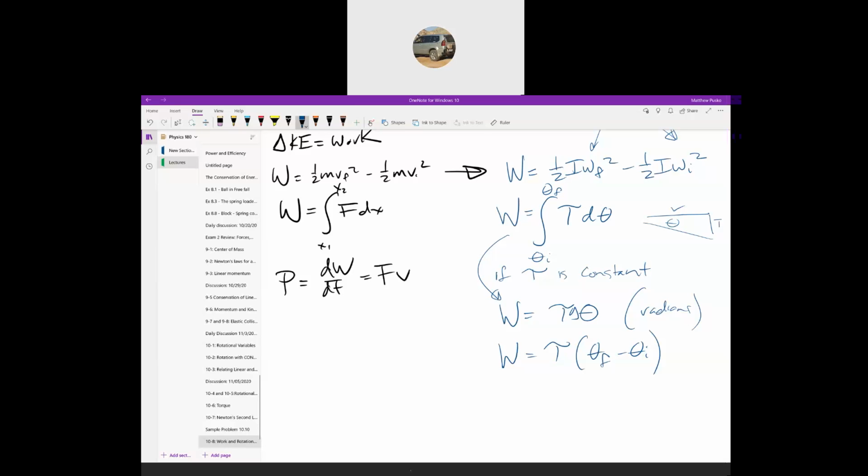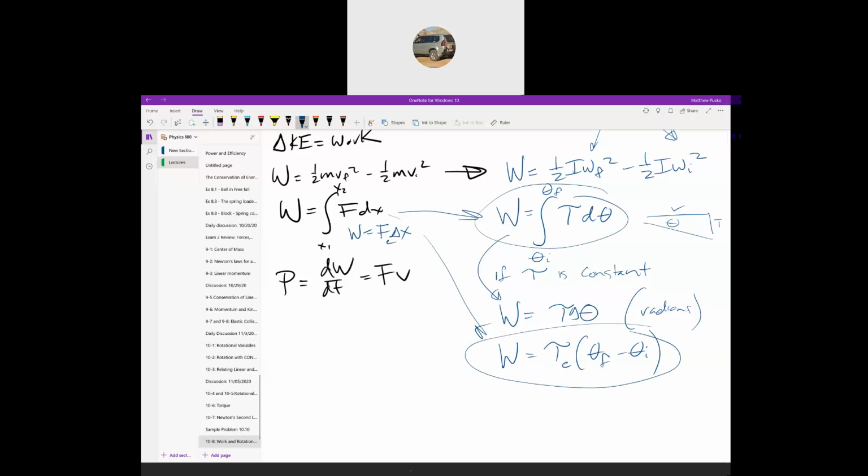So that gets us these definitions right here. And remember, if this was constant, this definition reduced to F delta x. So we have a variable torque as a function of theta, or we have a constant torque applied the whole time.